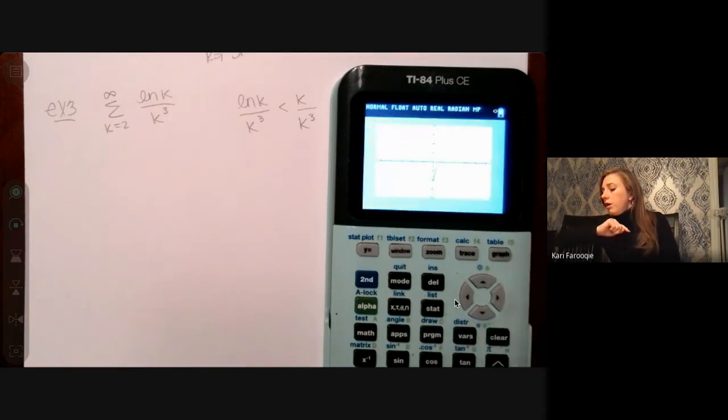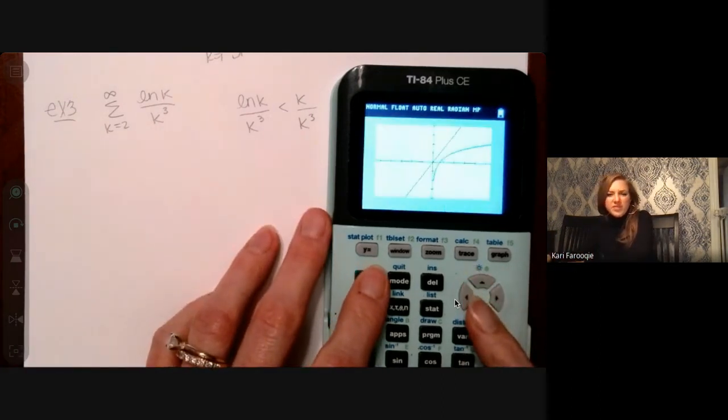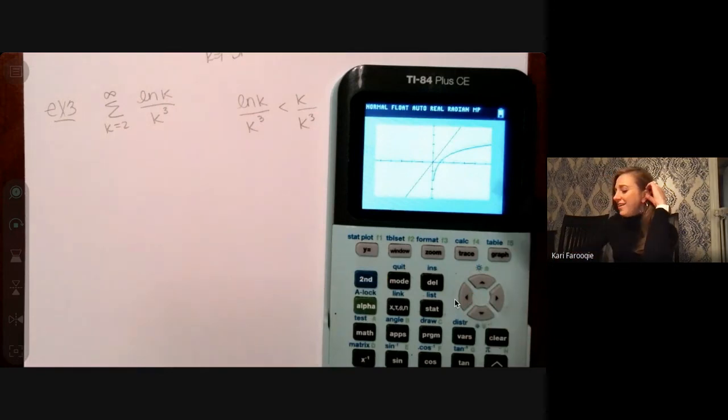All right, graph. There's our natural log function. There's the x function. So what you're seeing here is that your natural log function, even as x is getting increasingly large, does not get very large. But y equals x is always going to have a larger value than the natural log of x.